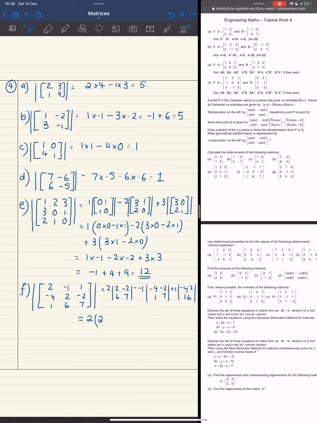So it's going to be 2 times 7 minus 6 times minus 2, plus 1, minus 4 times 7 minus 1 times minus 2, plus 1, minus 4 times 6 minus 1 times 2. And then that's 2, 14, plus 12, 26, plus 1, and then that's minus 28 plus 2. 1 times minus 26, and then plus 1 times minus 24, minus 2, minus 26, so that's going to be 0.